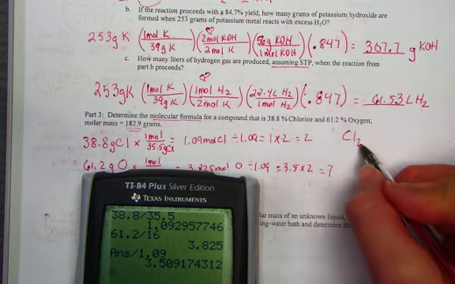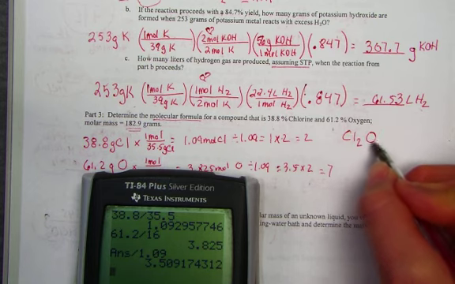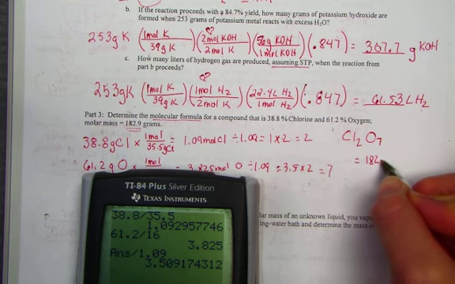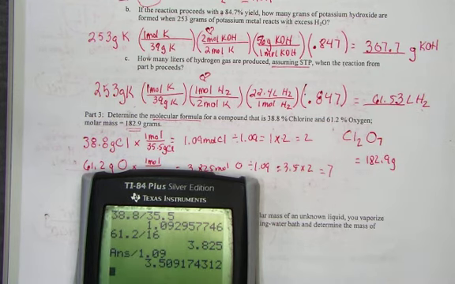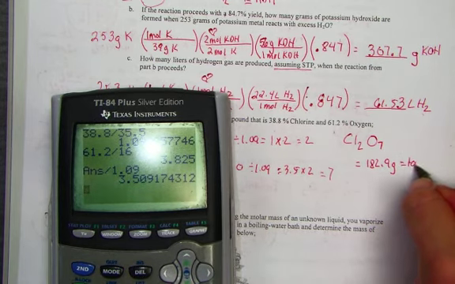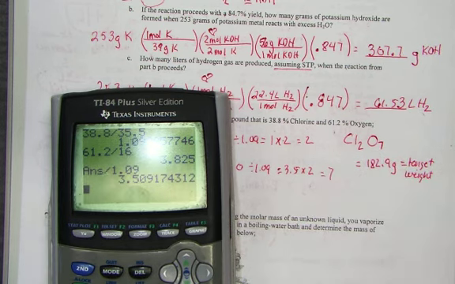Chlorine with its subscript of 2, oxygen with its subscript of 7. How close are we to the target weight of 182.9? So let me just write that as its target weight, and it's a way to double check if our formula is actually correct. So let's add that.